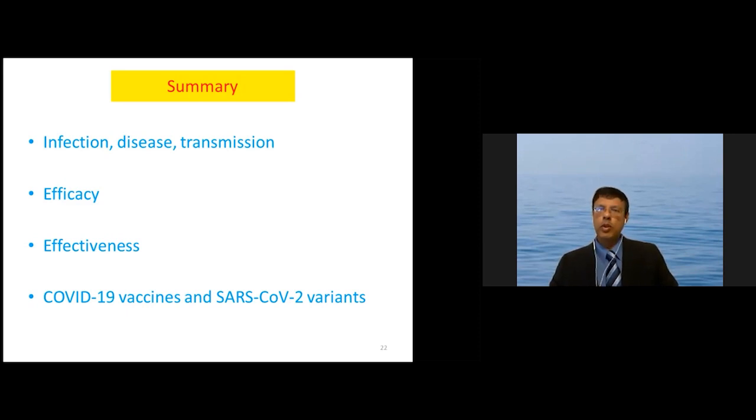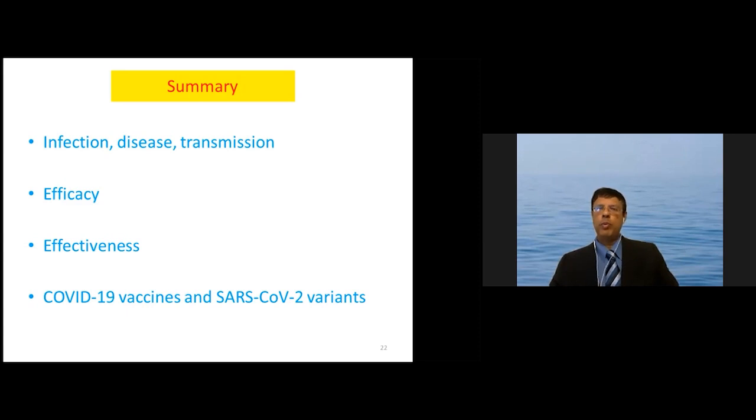I've spoken to you about efficacy in a clinical trial setting, and the vaccines are very efficacious. I've told you about the effectiveness and the studies that have come from the UK, Israel, and from other countries such as the US.